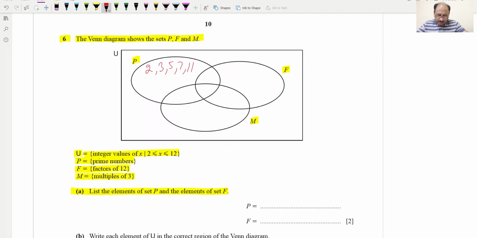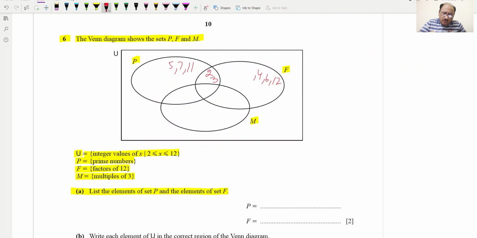These are the prime numbers. I'm writing all in P, then we will consider F, which is factors of 12. So factors of 12 are what? Starting from 2, it will be 2, 3, 4, 6 and 12. Now we will check what is common in P and F. 2 and 3 are common, so we can write 2 and 3 over here, and we will remove 2 and 3 from here.